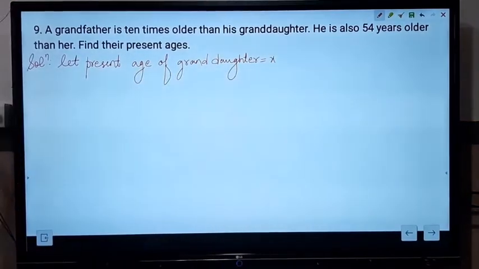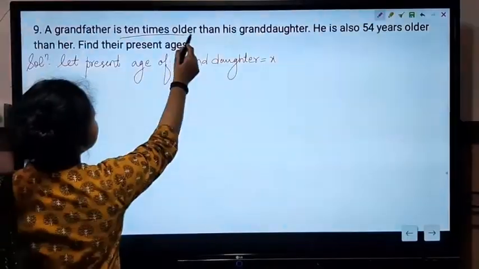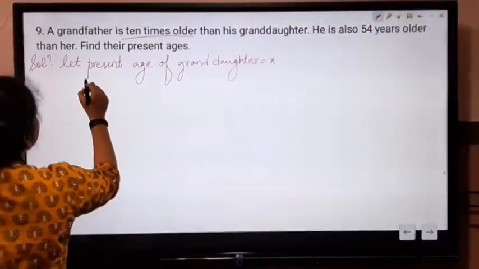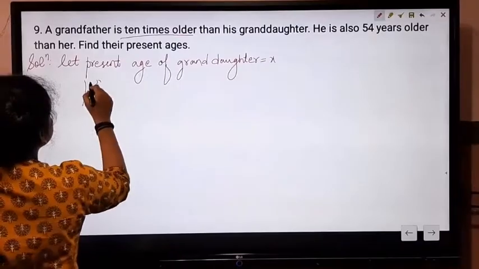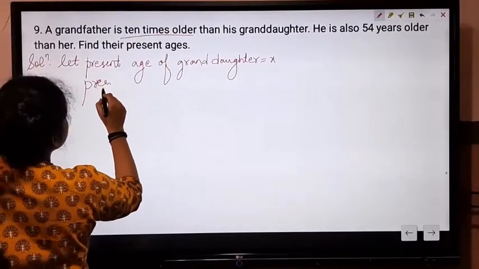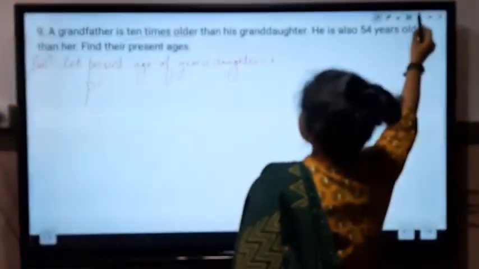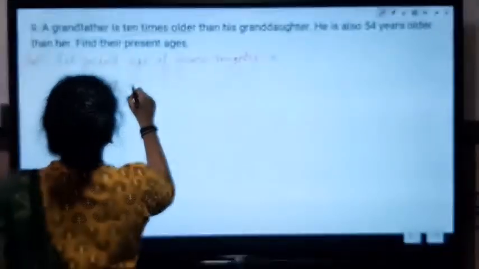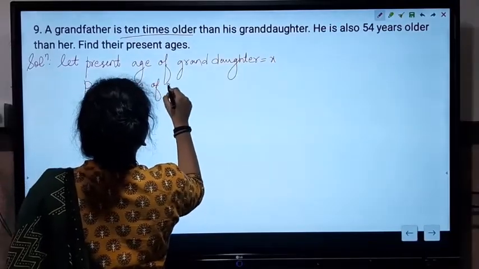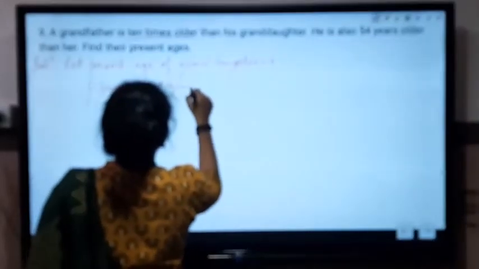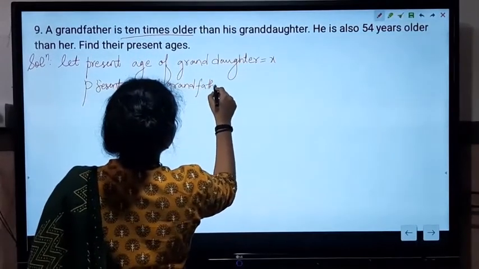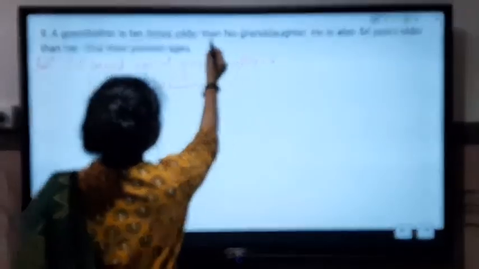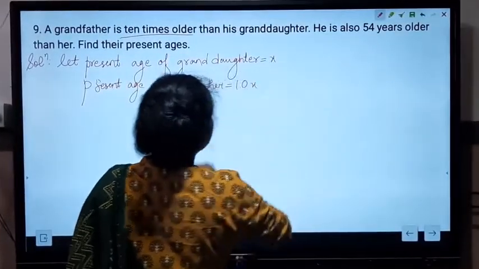The question tells you grandfather is 10 times older than the granddaughter. So present age of grandfather should be 10 times of x, right?